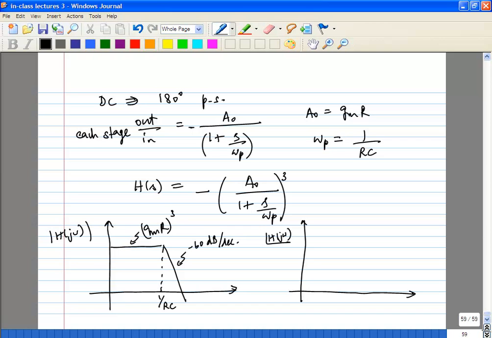Okay, so let's plot the angle. To start off with, 180 degrees.